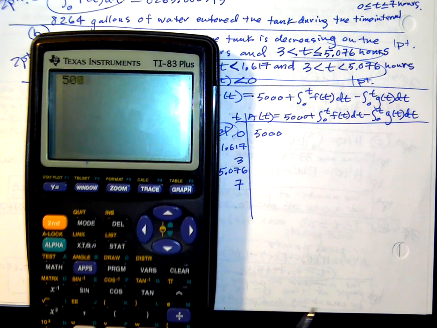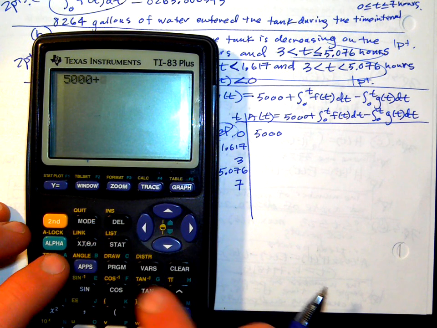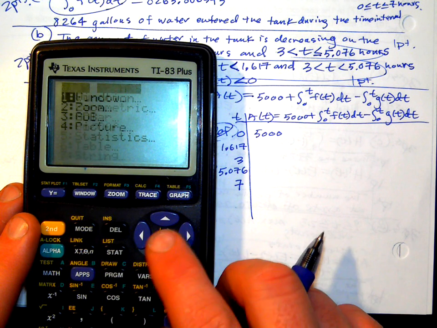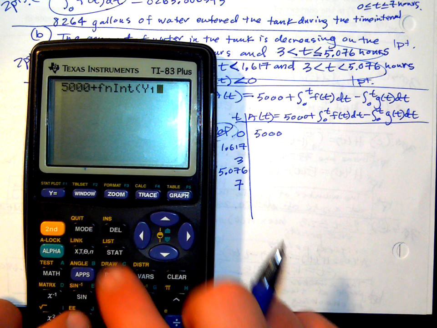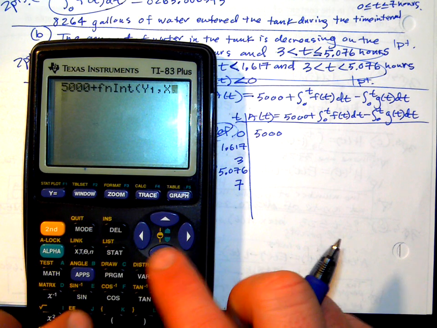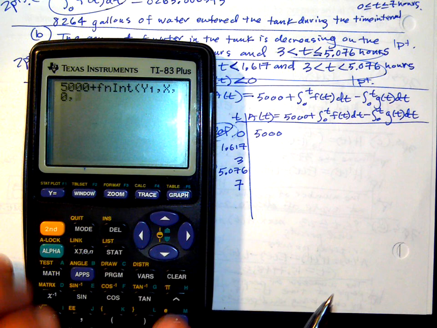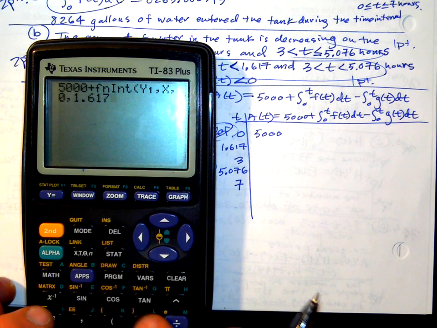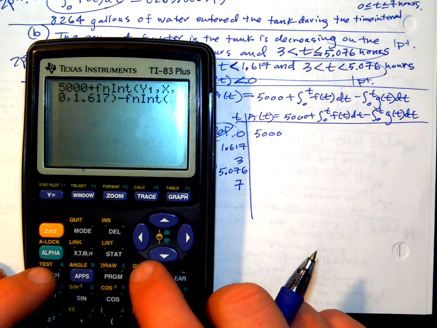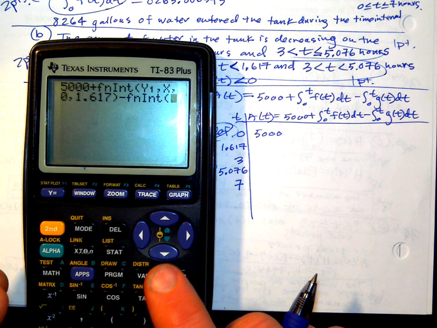So I'm going to say 5,000 plus math 9, Y-Vars, function, Y1, comma, x, comma, 0, comma, 1.617, minus math 9. And instead of Y-Vars, I'm just going to type it in.